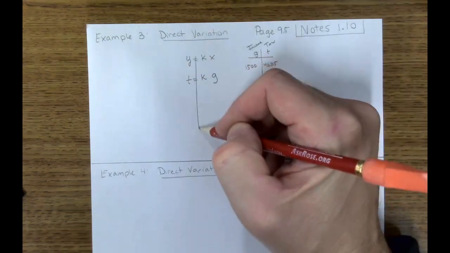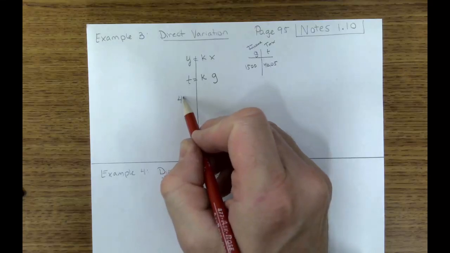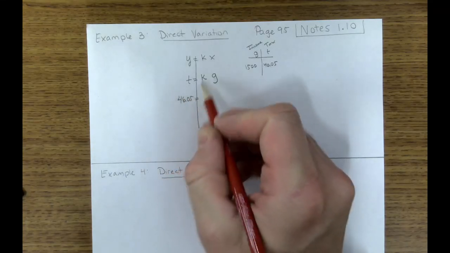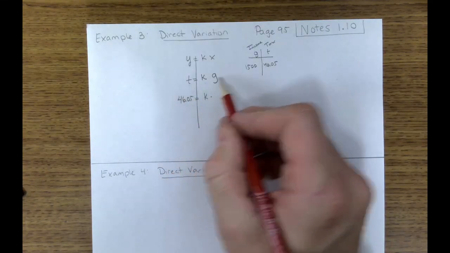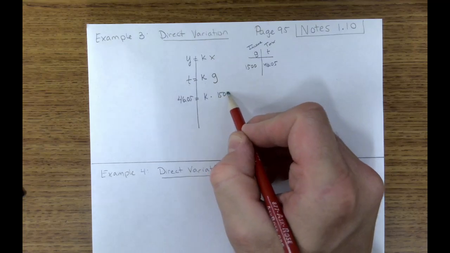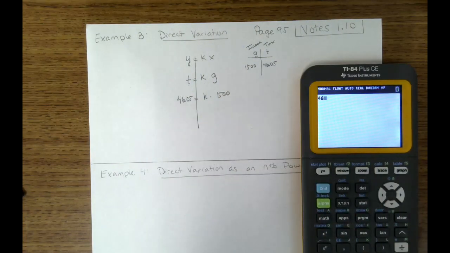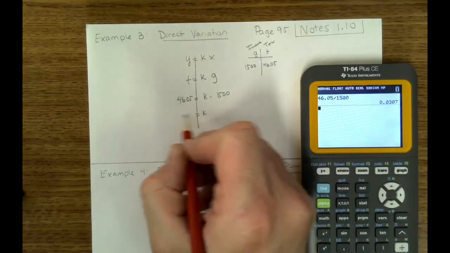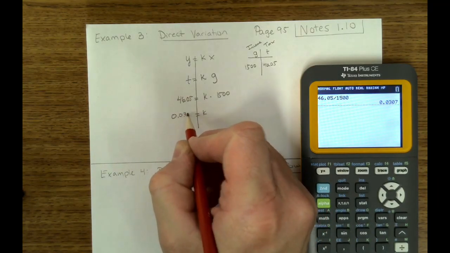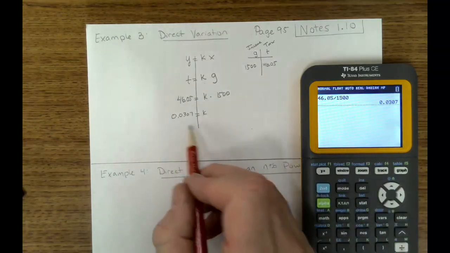Let's draw a line down the middle. Let's put our tax over here. K we don't know yet, but the gross income we do know is $1,500. So we can solve that equation by just dividing over the 1,500. 46.05 divided by 1,500. The K value is equal to 0.0307. And that's the tax rate.